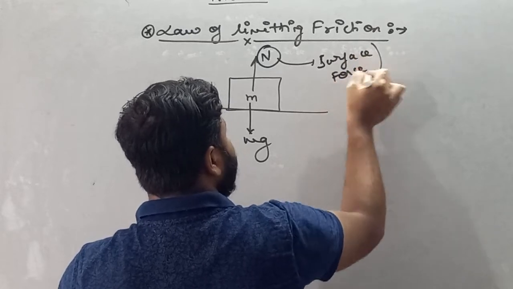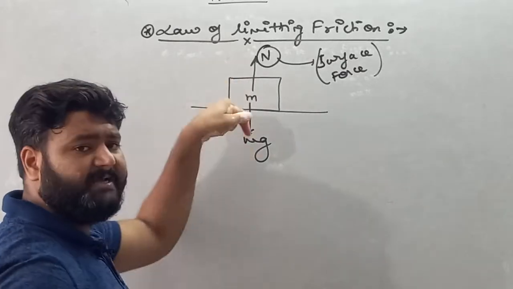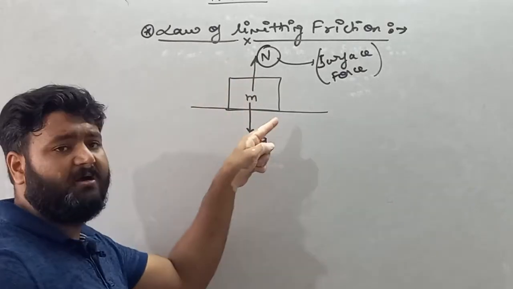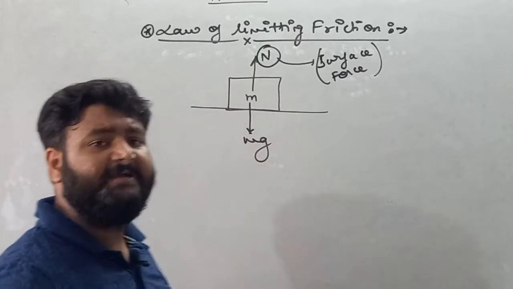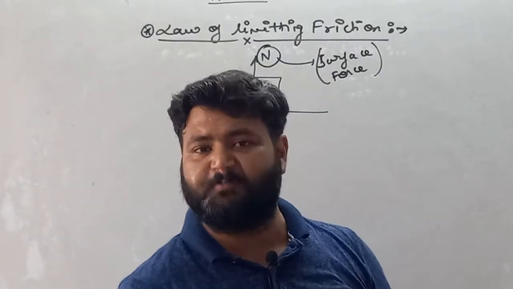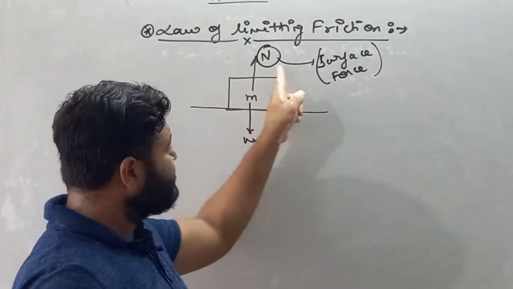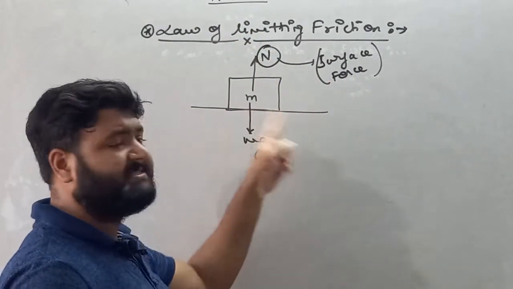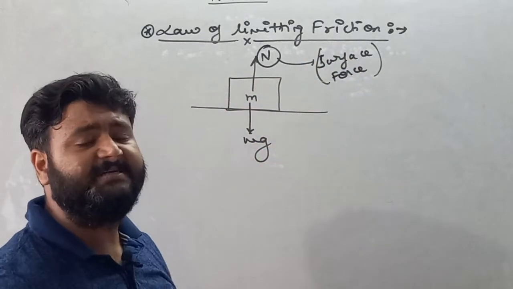This force is applied by the surface on this block against mg, because this block is applying force mg on this surface. So we know that every action has an equal and opposite reaction. So mg will be countered by the normal force. So this normal force is applied by the surface on this block, hence this normal reaction force is considered to be a surface force.